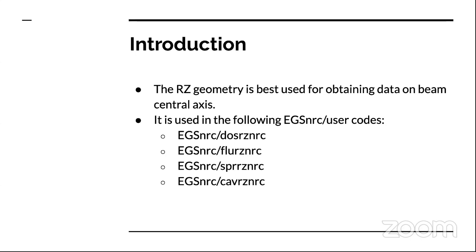But there is FLURZnrc that calculates the fluence. SPRRZ is for calculating stopping power ratios, and CAVRZ is for calculating some correction factors for cavities and so on. Personally, I've used the SPRRZ, I've used the dosrz, but the FLURZ I haven't used, and I haven't used the CAVRZ.